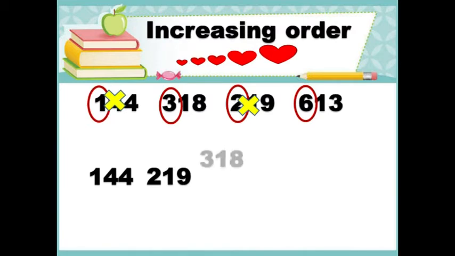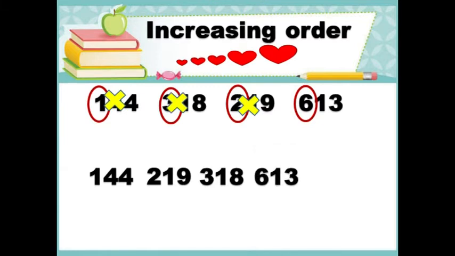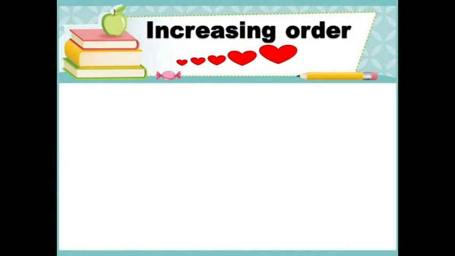So we will write 318. And the last one, we write 613. So that is how we write 144, 318, 219, and 613 in increasing order. We have 144, 219, 318, and 613.